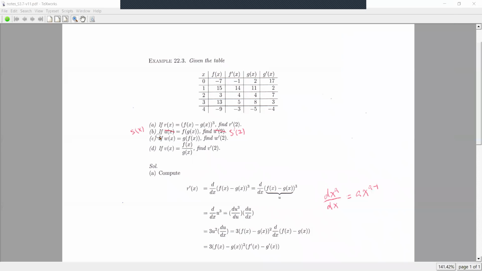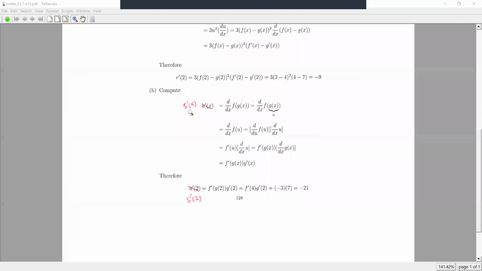Question B. If S is this function, f of g of x, a composite function of the function f and the function g. Find the derivative of function S at the point 2.